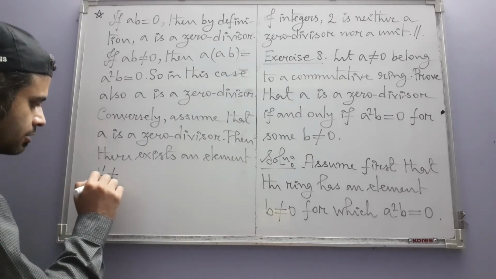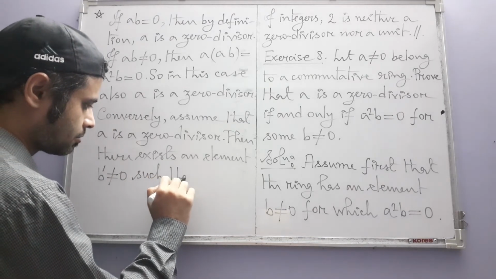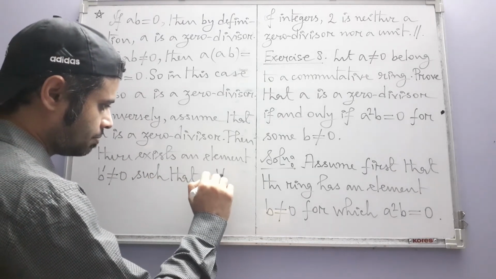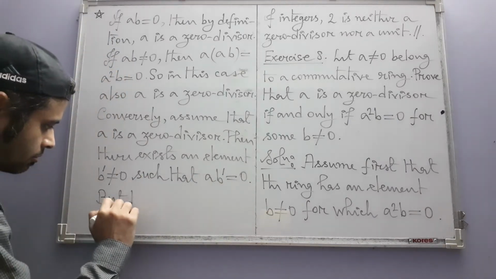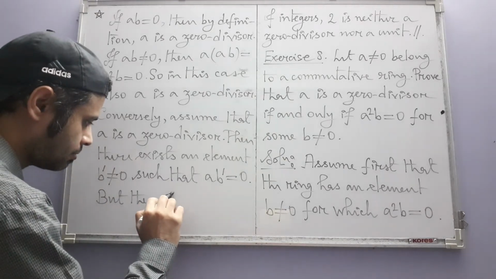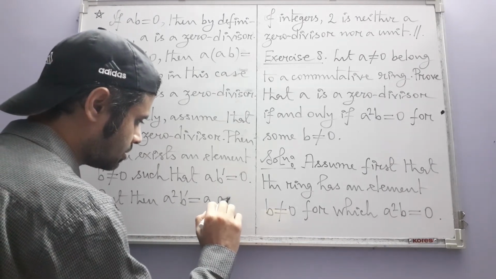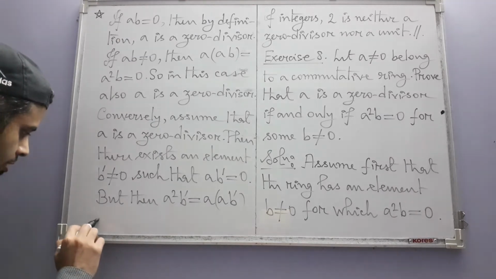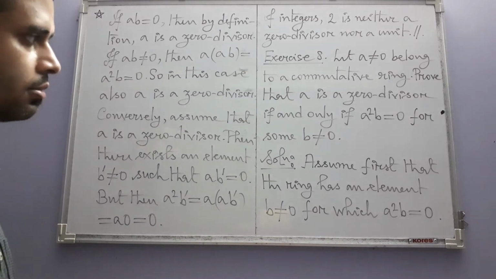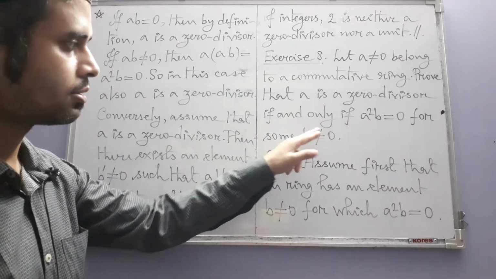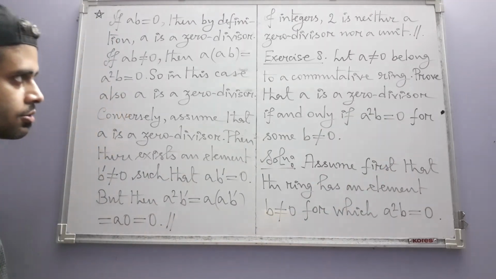There exists a non-zero element B prime such that in the ring, of course, A B prime is equal to 0. But then A square B prime, which is A times A B prime, is also equal to 0, and that's it. We had to show that there is a non-zero element such that A square times that element is 0. So this completes the solution.